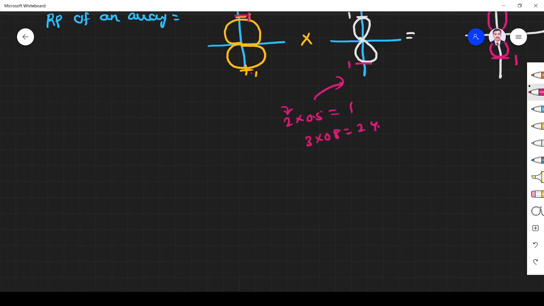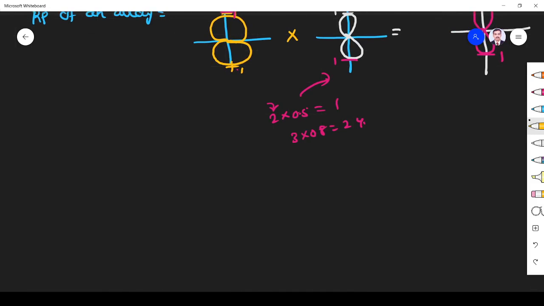Suppose our array contains 2 Hertzian dipole antennas located vertically, this is 1, this is 2.